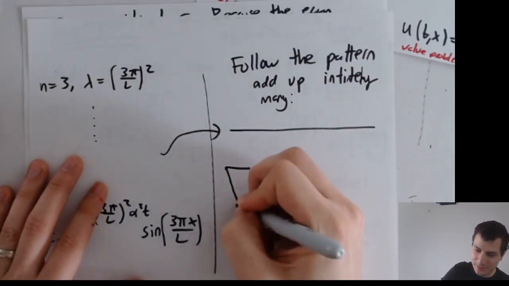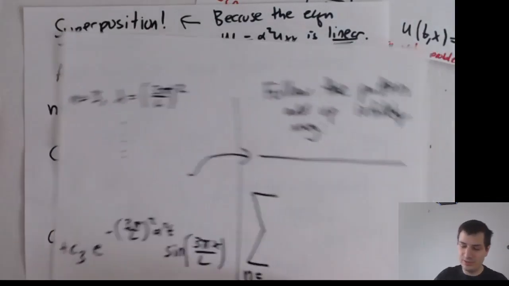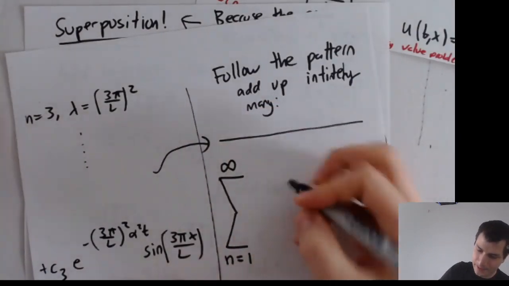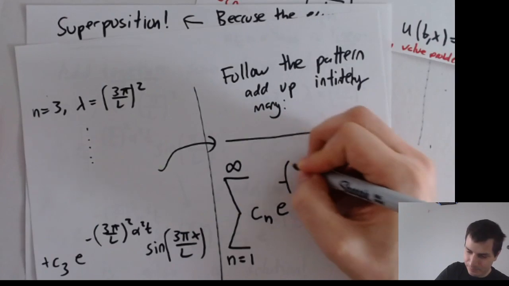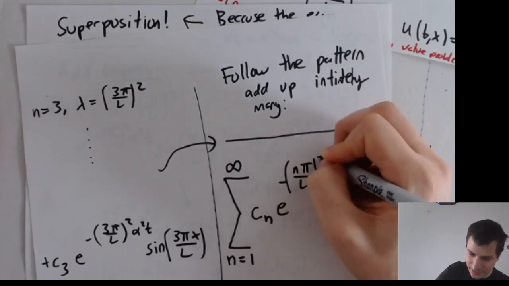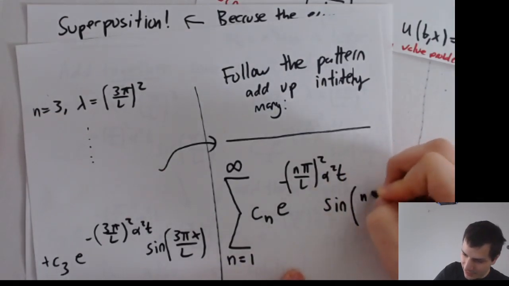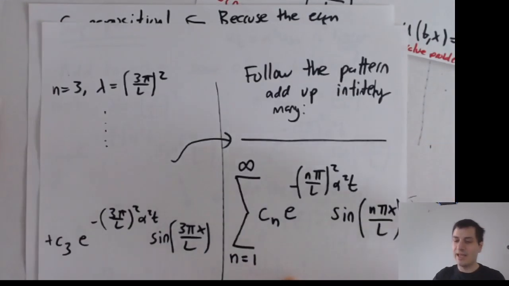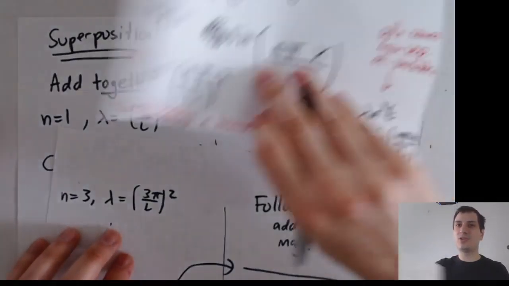So it's going to be the sum, n going from 1 to infinity of Cn e to the minus n pi over L squared, that was lambda, alpha squared t, times the sine of n pi x over L. And this is a superposition of all the infinitely many solutions we found.